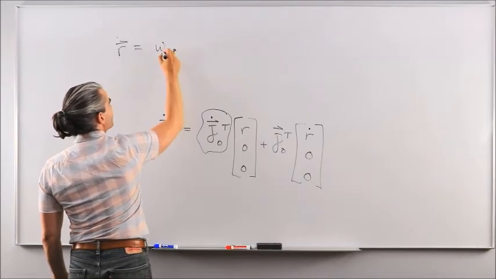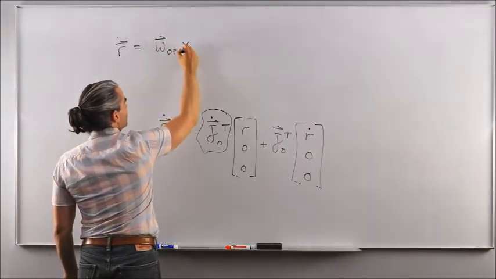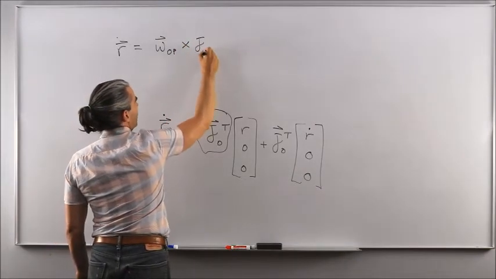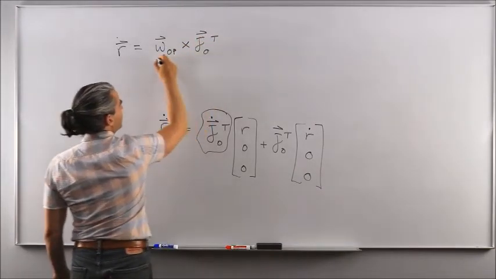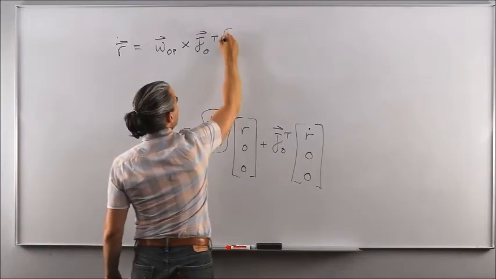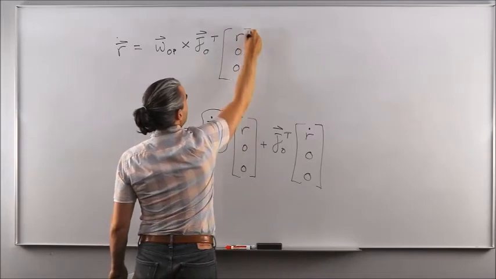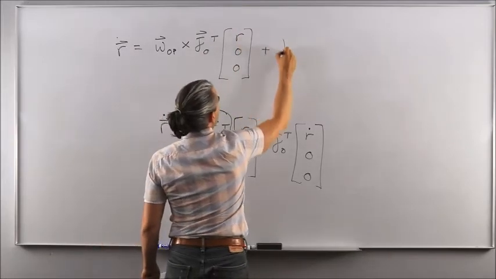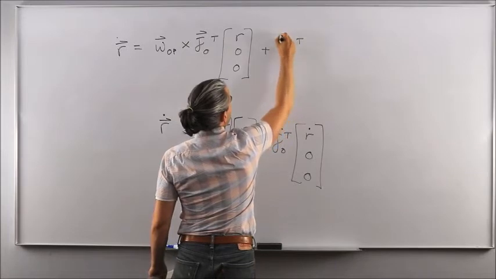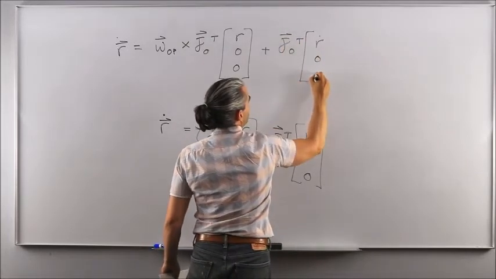Well, in that case, omega OP cross product with the Vectrix transpose. All this is for the Vectrix time derivative times R, 0, 0, plus Vectrix transpose R dot, 0, 0.